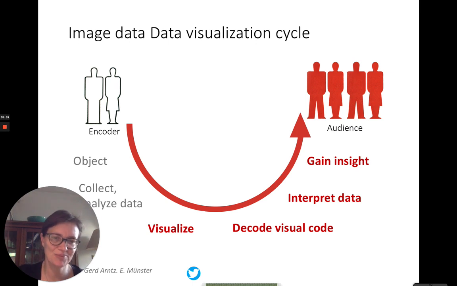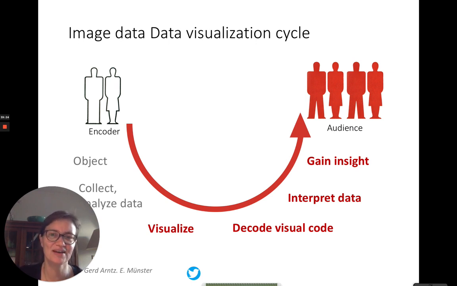It doesn't stop there, but once you've acquired the data at the microscope, you need to think of how to visualize it and how to visualize it such that an audience can decode the visual code, that they can understand the annotation, that they can understand the colors used, and only then they are able to actually interpret the image data in order to gain insight.